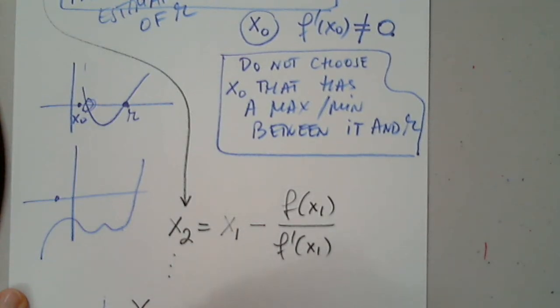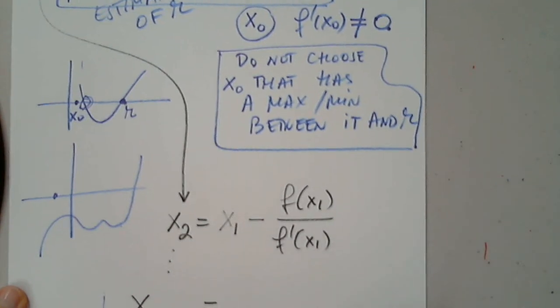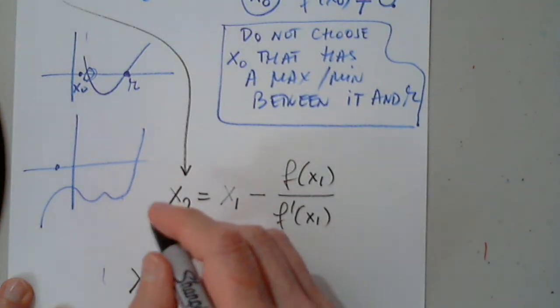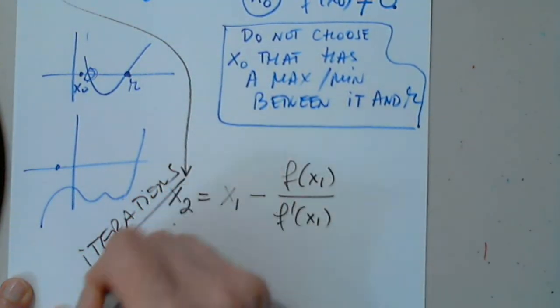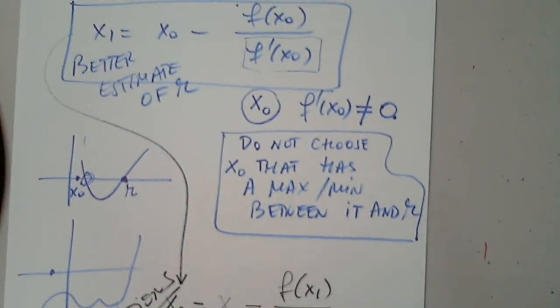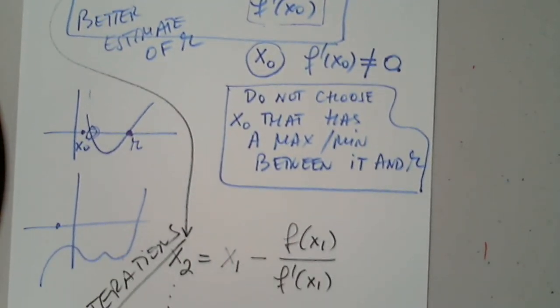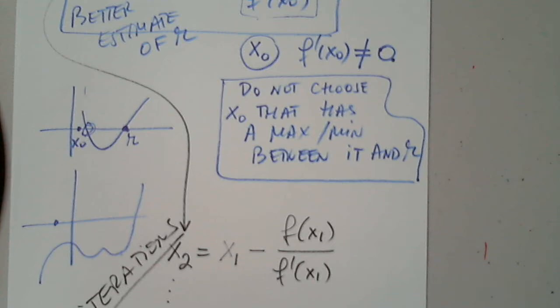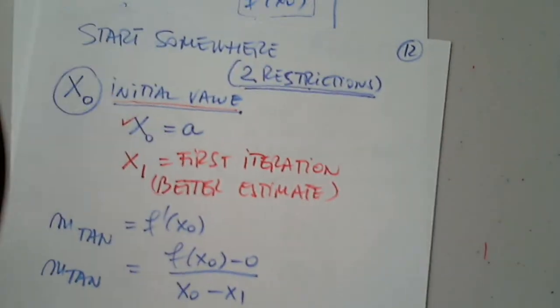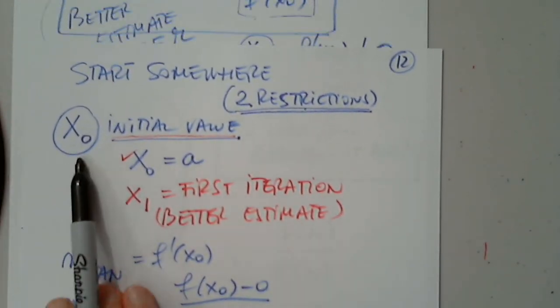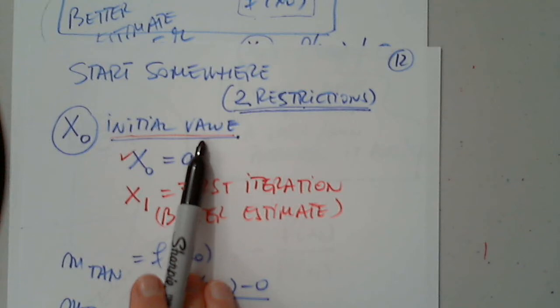What about x sub n plus 1? These are called iterations. So the book denotes this, or says that this is the first iteration. Yes, it's okay. But I prefer to say my initial value.